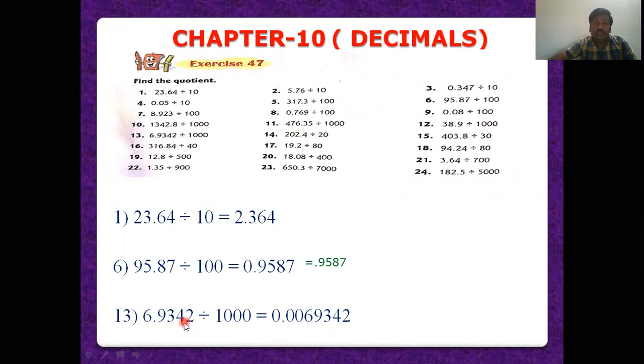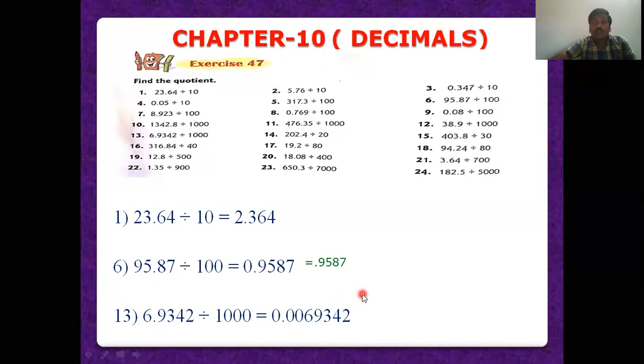To make 3 digits, write 2 zeros before 6, so it becomes 0, 0, 6. Now in this way we make the 3 digits 0, 0, 6, and write the point here. This last zero you can write or not.